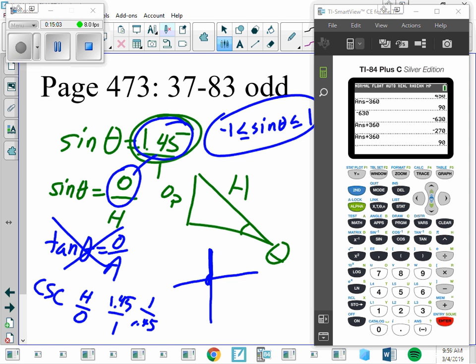Well, h has to be bigger than O. So it has to be -1 or smaller. So the cosecant is anywhere from -infinity to -1, union with 1 to infinity. What about the secant? It's the exact same. And what about the cotangent?